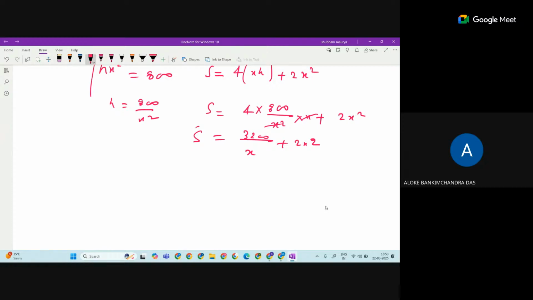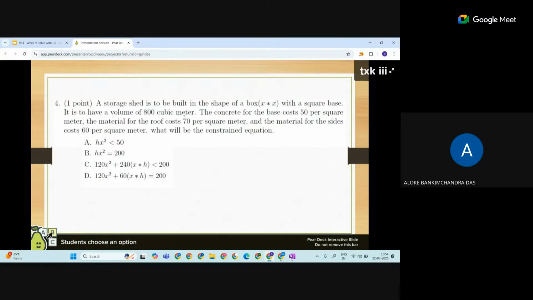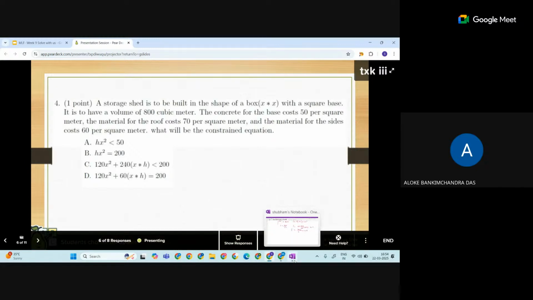You will take a derivative of that now, sir. Why are you taking the derivative? I'm taking the derivative to find the maximum volume which can fit into that surface area. Now I'll get the value of x and h and we'll put that in the equation of S, and we will get the optimum surface area.